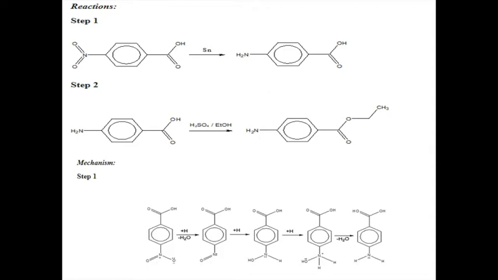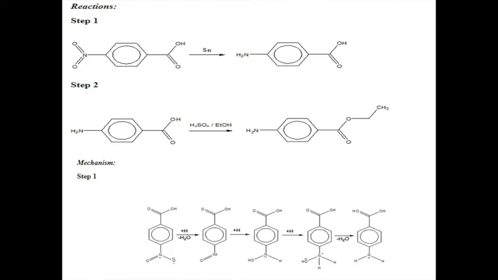You can see in the first step there is a nitro group, and we are adding 2 protons. Though it is written here as 1 proton, it takes up 2 protons, so there is a typo. Please consider it as 2 protons. Upon addition of 2 H plus, 1 oxygen from the nitro group is removed and taken up by the protons, which liberates one water molecule.